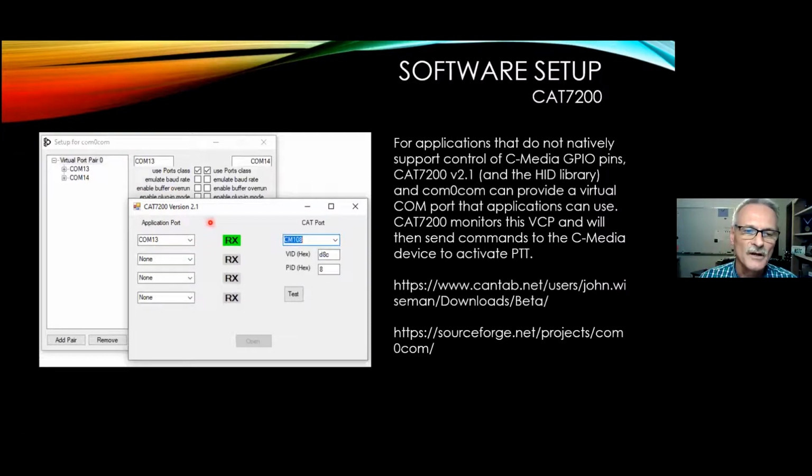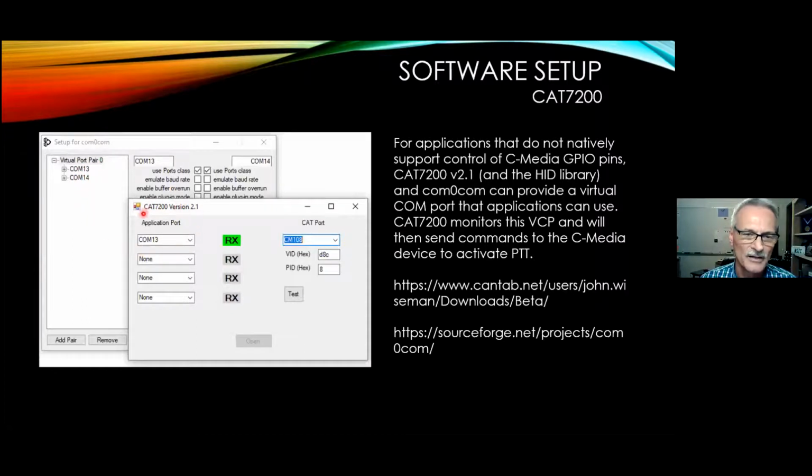So what CAT 7200 does, you have to have another application set up here to build a couple of virtual COM ports. In this case, we're using a free utility that you can get off of SourceForge. You build a pair of virtual COM ports, and these COM ports are tied together within software.